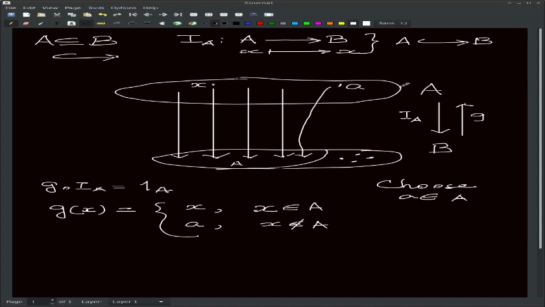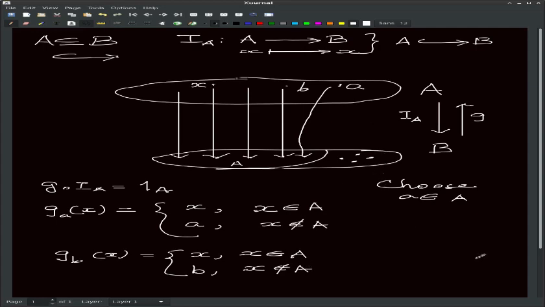And as you vary your choice a, if this is another point b, you could write G_a is this and G_b is this. So you see both of them are candidates.